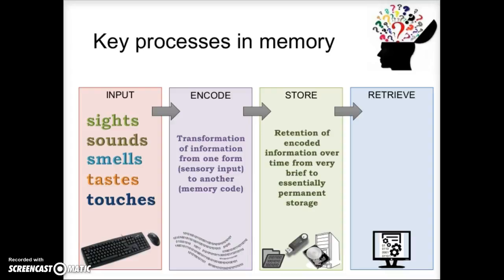So once the sensory information has been translated into a memory code, then we're going to retain it for a period of time. And we actually have different types of storage, much like your computer has different types of storage. Sometimes that storage is very brief and short term, and other times it's essentially permanent.